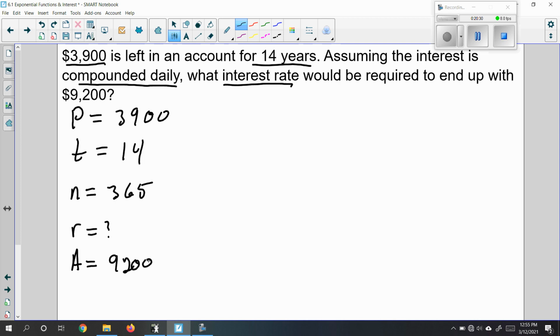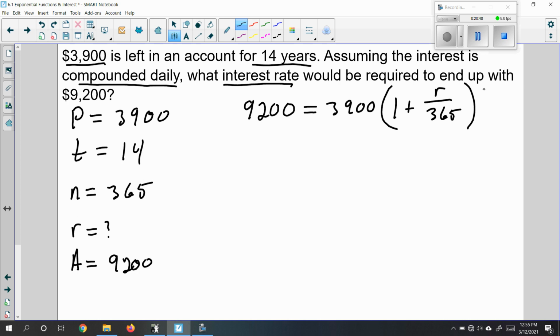Okay, so this is a problem that we need to solve. So let's set it up. A equals P times 1 plus R, which we don't know, over 365 to the power 365 times 14.